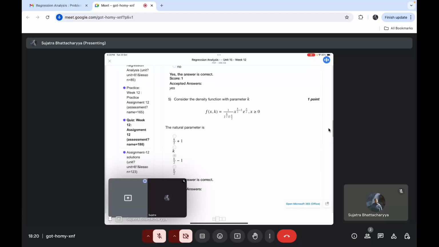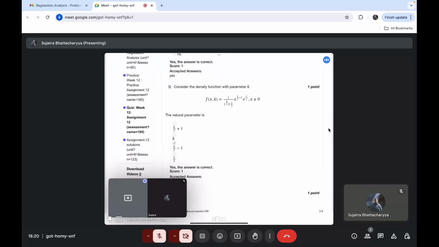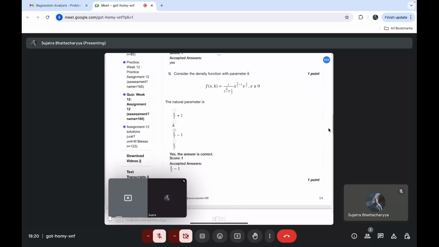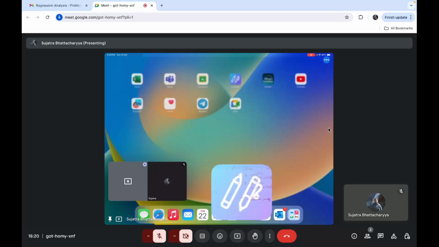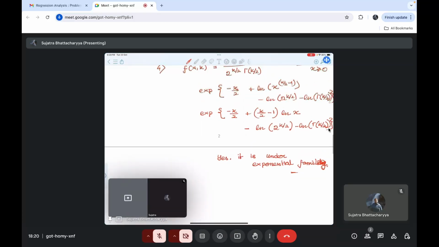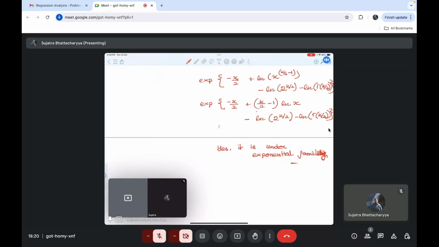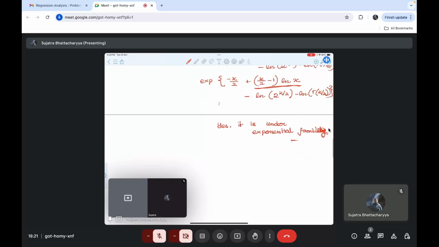Go to the fifth question. What is the natural parameter? Okay, so as you can see here, this is in totality which is there. So for the fifth one, you can see that this is the multiplication term, right?